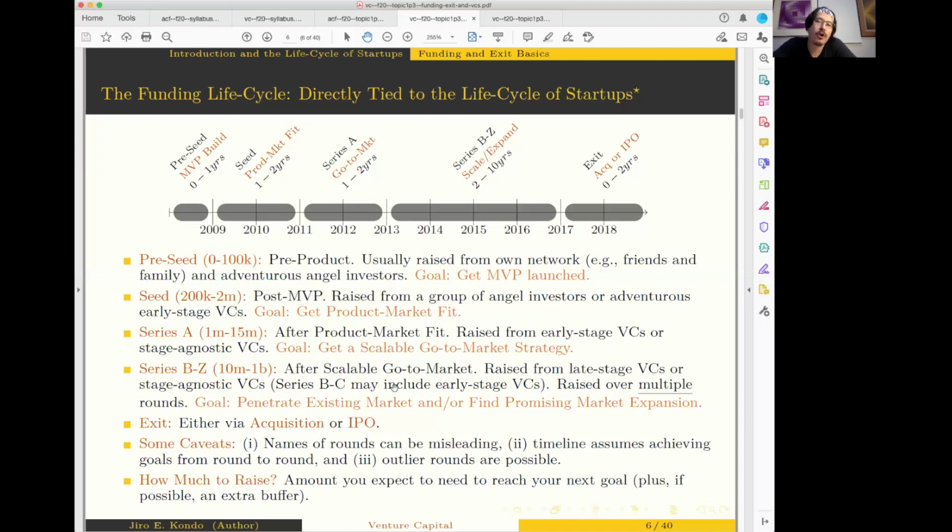Look, rule of thumb, early rounds, fewer syndicate members, later stages, more investors. And one of the reasons being the checks are larger and larger and larger, so it becomes harder and harder for a small number of investors to stomach, okay? There aren't many investors like SoftBank. Oh, SoftBank is probably the best example of a late stage investor.